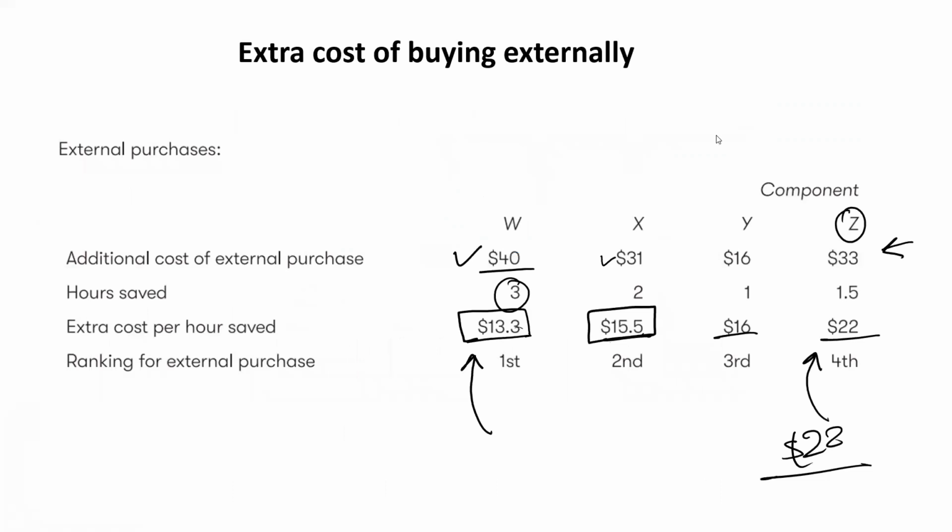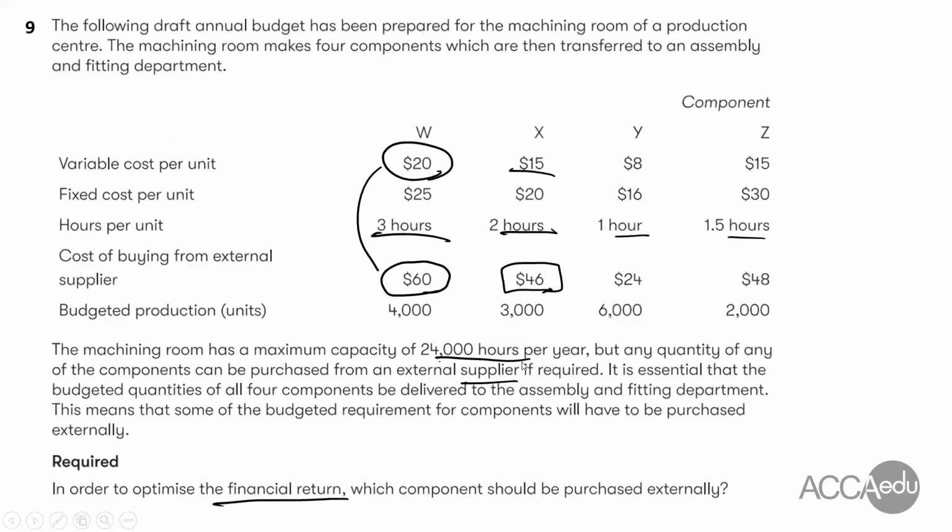Here, we also ranked them, and this is the answer to this question. The least cost comes from W, so we need to buy this first. So the answer is going to be W, because if we buy W from the external supplier, we're going to incur the least cost.